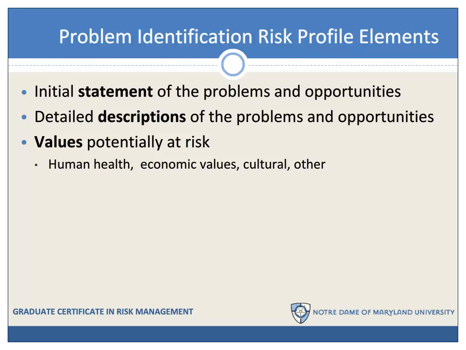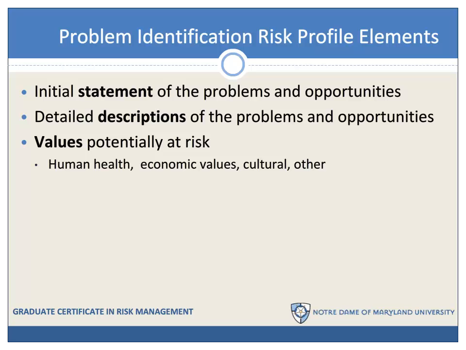There are problem identification elements of the risk profile. This is where your initial statement of the problems and opportunities would actually appear. So those pieces of paper that we talked about before, if you're interested in where their home would be, it would be as part of the risk profile. But the risk profile goes beyond that simple listing of bullets, and the risk profile is where you would begin to build the detailed descriptions of the problems and the opportunities.